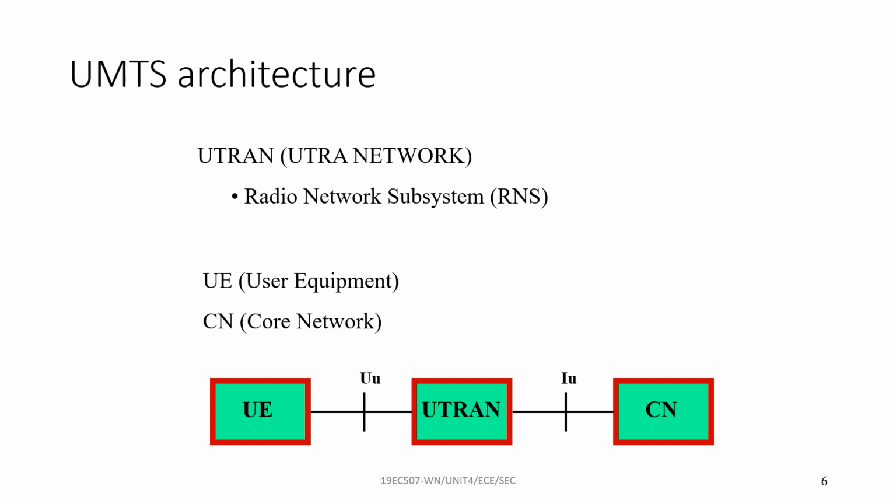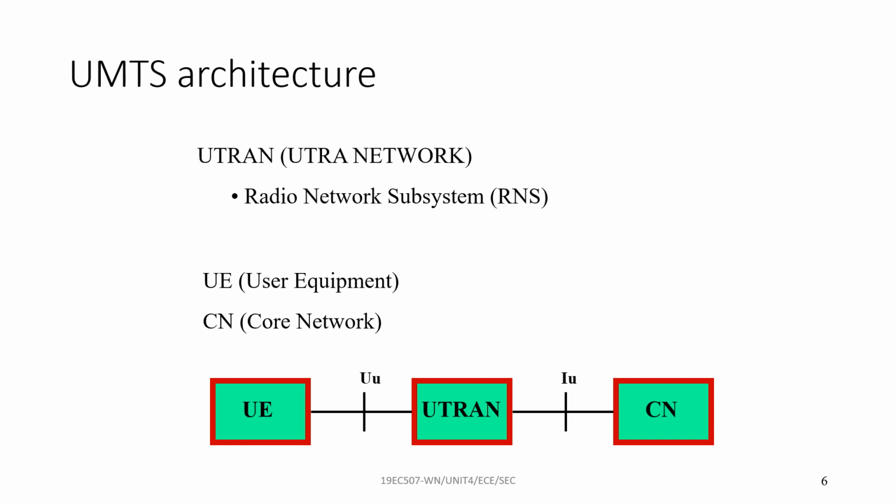Now we are moving on to discuss the UMTS architecture. Here, our UMTS architecture deploys a new radio access network known as UTRAN, which stands for UMTS terrestrial radio access network. T stands for terrestrial, RAN stands for radio access network.